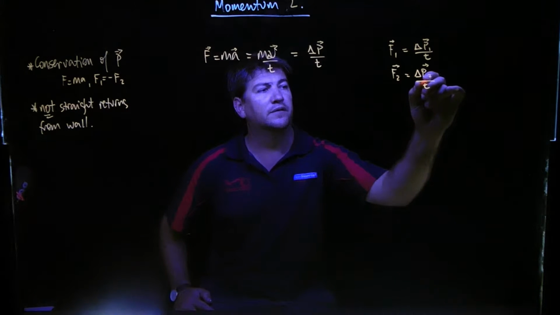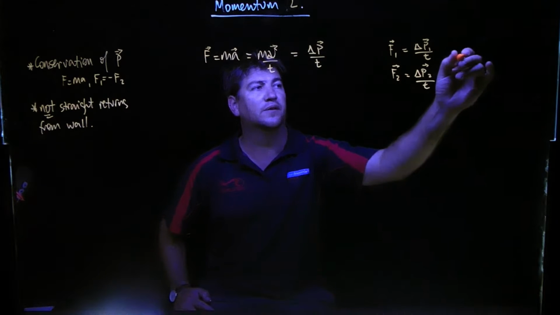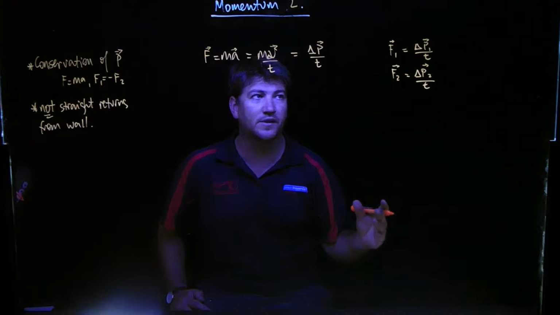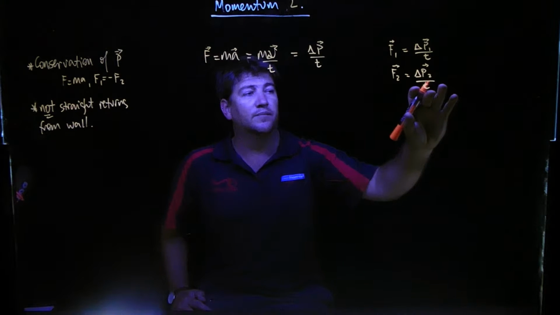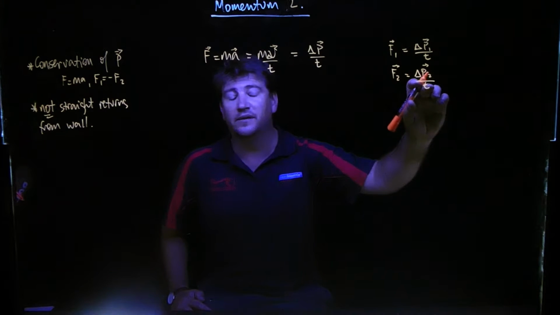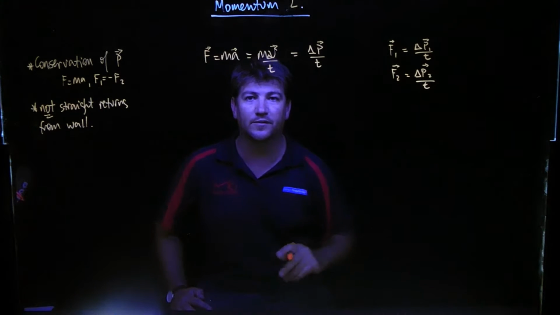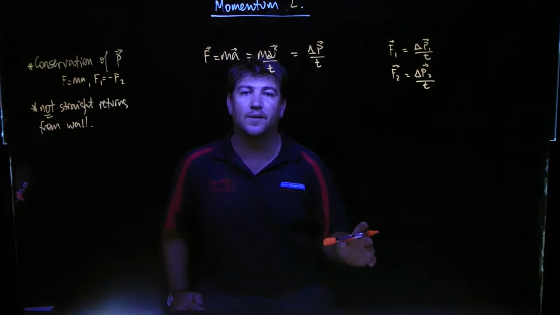Now, I've written t for both because it's the same impact, so of course the time is going to be the same. You're not going to have a tennis ball hitting the ground for 0.2 seconds, but the ground hitting the tennis ball for 0.1 seconds because it's bigger or something. It just doesn't happen like that.